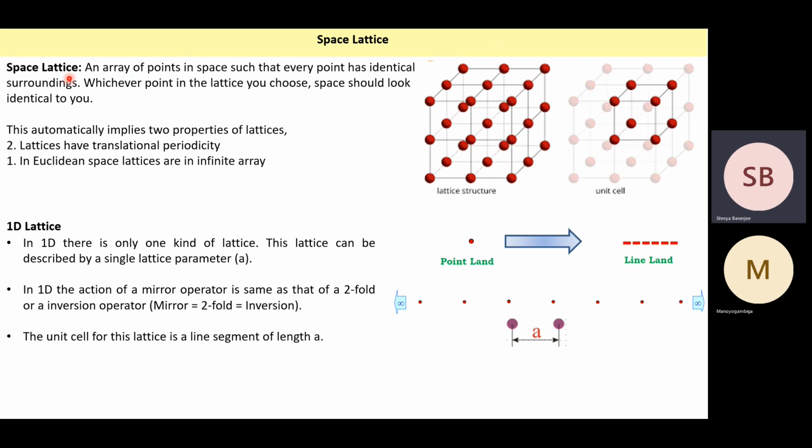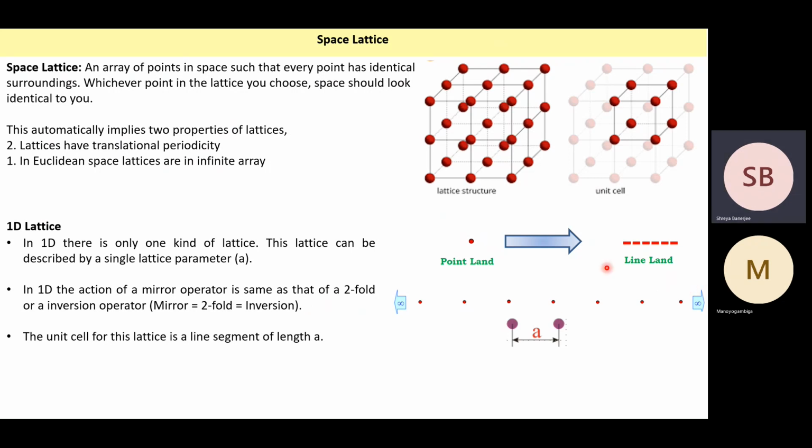So in space lattice, you can have 1D, 2D, or 3D lattices. We will first talk about 1D lattices, where the repeating unit is a single point. And this single point can be repeated infinitely in both plus x as well as minus x directions.